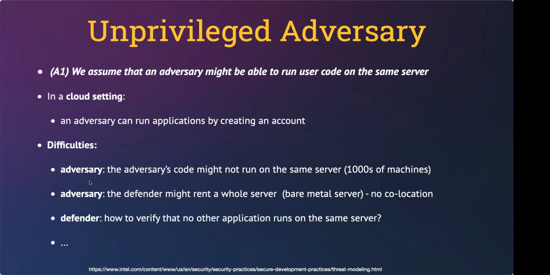How does the defender know that there is no other application running on the same host? There are all kinds of interesting problems that we need to address. But instead of deep diving in there, the assumption is typically that there's some other application running on the same machine as we have, and we need to defend ourselves against that.